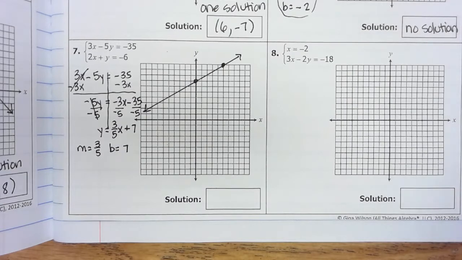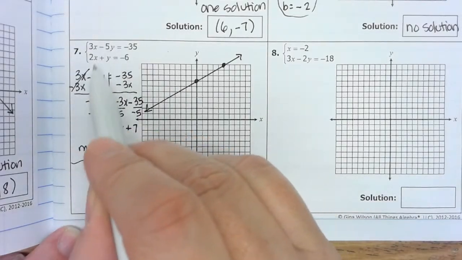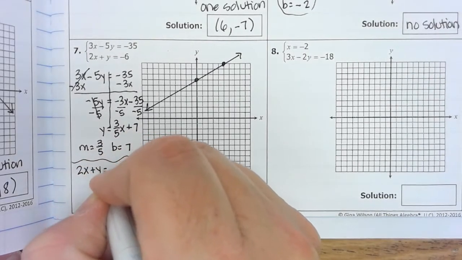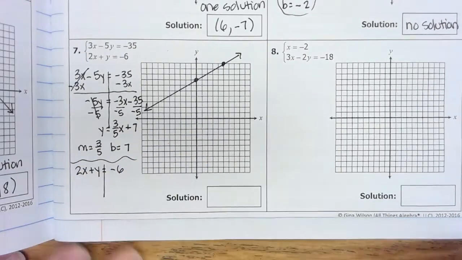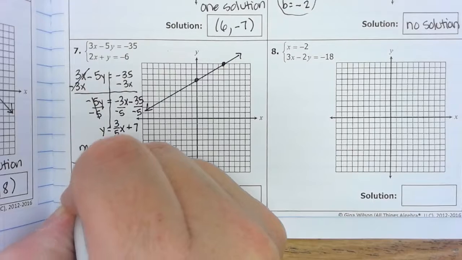Then we need to look at our second equation, which is also in standard form. Bummer. So we're going to have to change this one too. 2x plus y equals negative 6. So put that down here. In order to zero pair 2x, we'll do minus 2x on both sides.